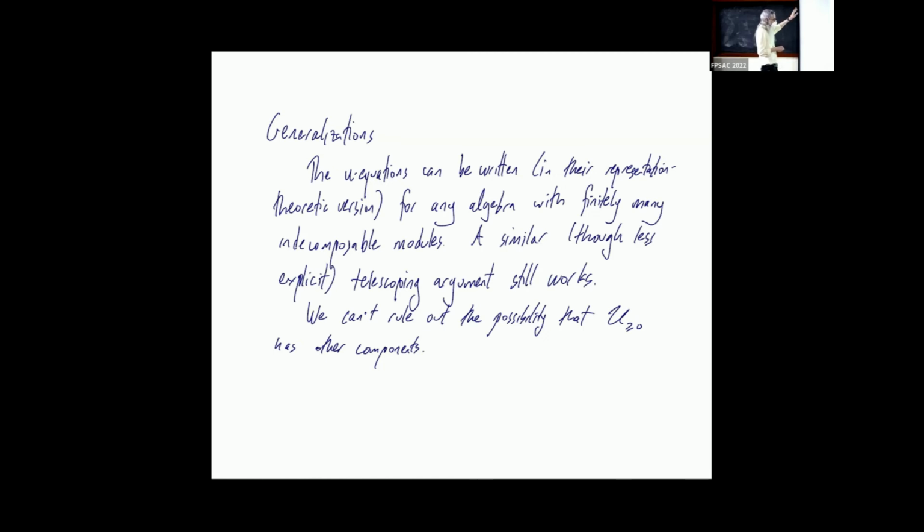We're just taking an algebra that has finitely many indecomposable modules. And we know how to write down U equations for that. We don't really know what they might mean, but we know how to write down U equations and we can find solutions to them. The Alexander-Ruyten quiver doesn't quite look the same, so the argument is sort of less beautiful and explicit, but it still telescopes. And so we still get the solutions to the U equations described in exactly the same way.